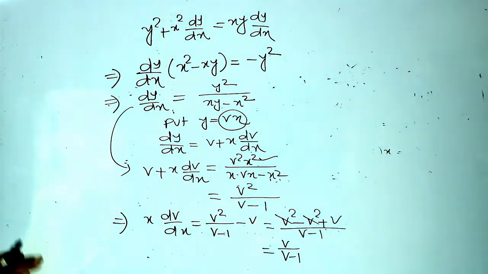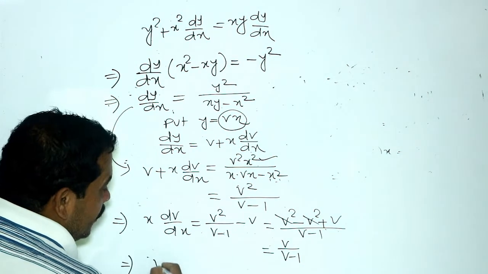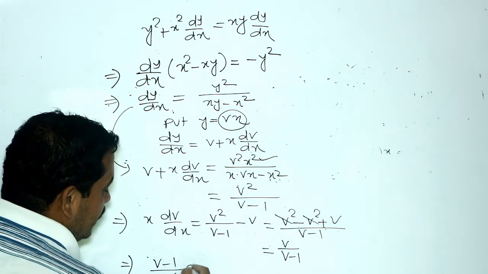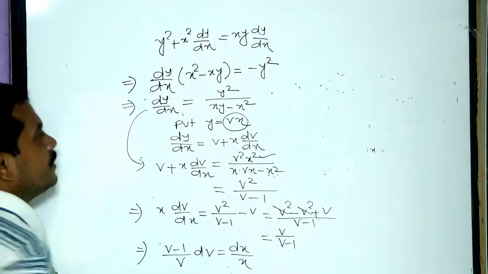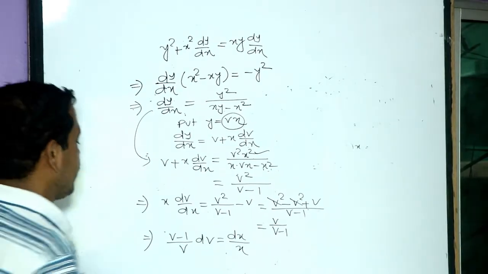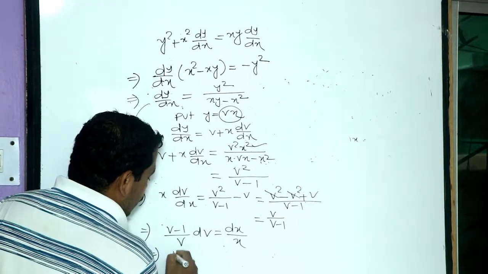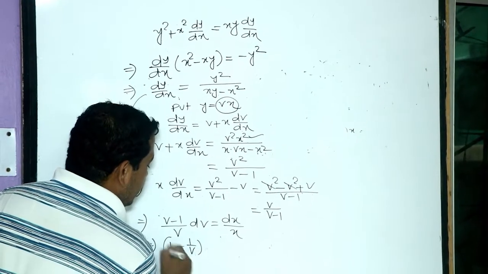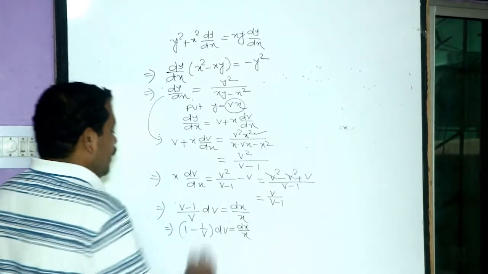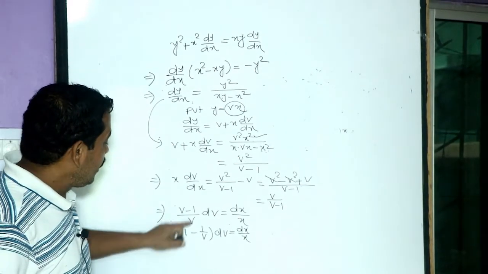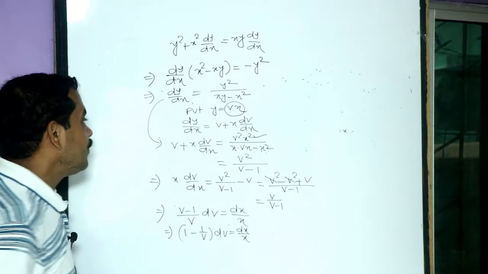Now we have to use the separation method. That is v minus 1 by v dv equals to dx by x. Now we have to integrate both sides, which will become 1 minus 1 by v dv equals to dx by x. V by v is 1 and minus 1 by v.